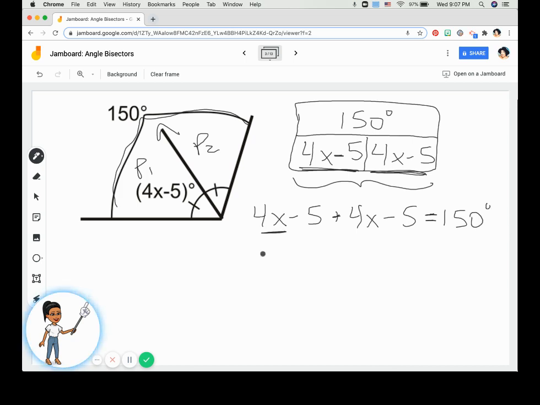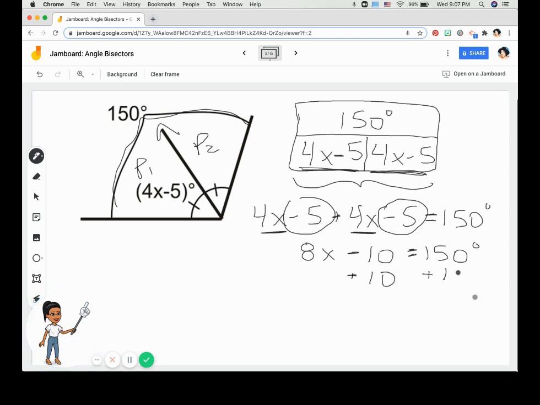And now I'm going to combine like terms. So I have 8x, and then I'm going to combine the negative 5 and negative 5, which gives me negative 10, equal to 150 degrees. Now I'm just doing algebra. And then I'm going to add 10 to both sides. So I get 8x is equal to 160.